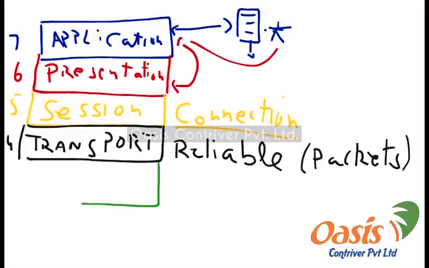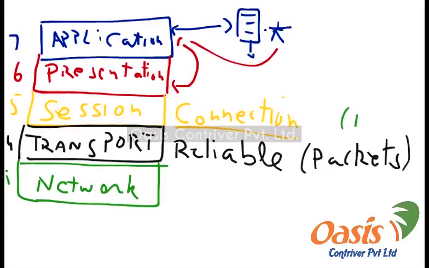Under the transport layer we have a layer called the network layer. One thing to tell you, friends: TCP, the Transmission Control Protocol, works roughly on the transport layer, and the IP protocol works roughly on the network layer.